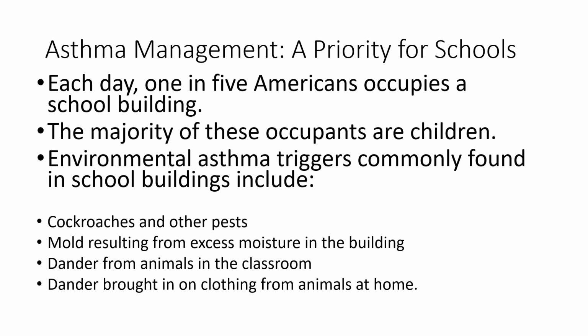Some of these buildings are extremely old. They have very poor air filtration. A lot of them have antiquated heating and air conditioning, and all those factors play into that. Danders from animals in classrooms, and we don't even think about that.